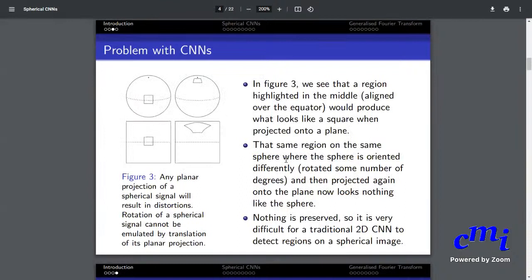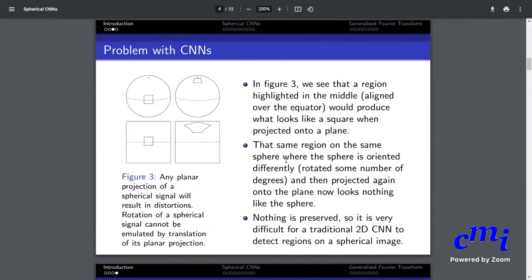The problem with normal CNNs is that we can already see in this figure, say an image is being projected on the sphere, and we are considering only the highlighted region which lies on the equator.